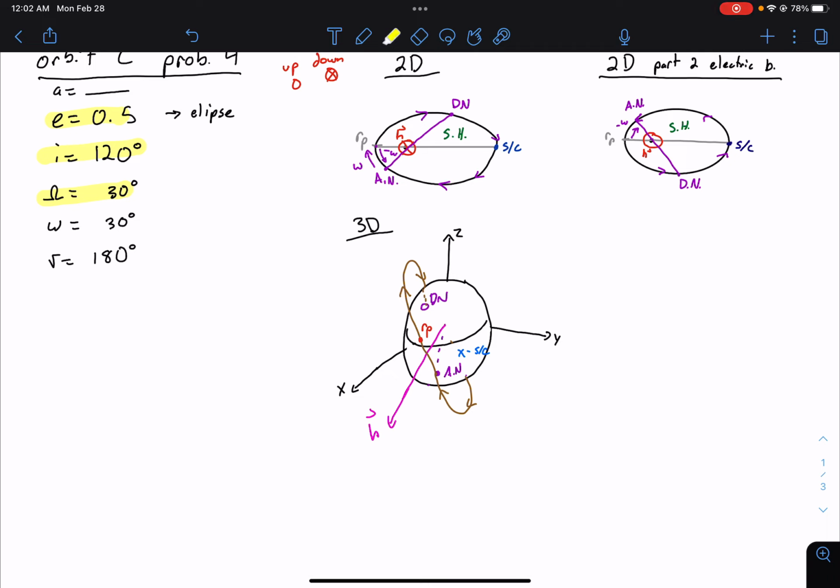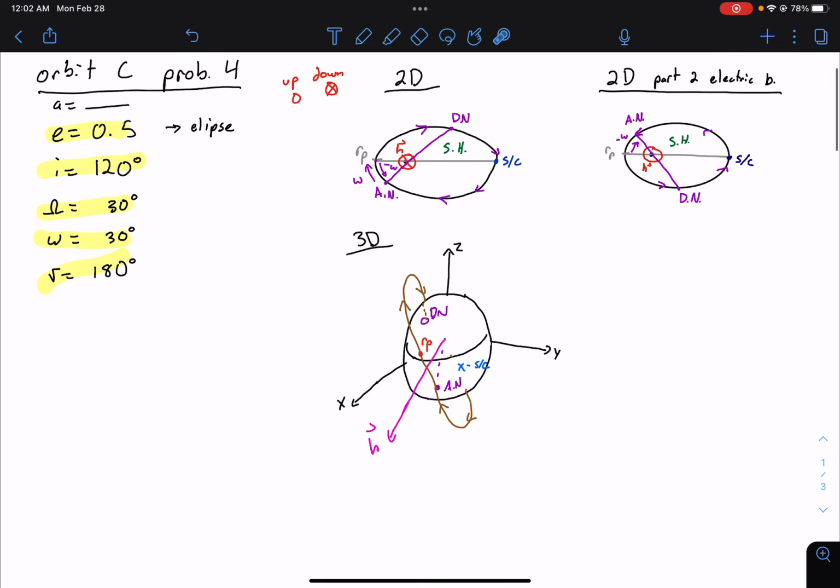We then used our small omega in both our 2D and 3D plots to define from periapsis to ascending node, or vice versa in this case. And then we used our true anomaly to look at our spacecraft location. All right, and again, this 2D plot is just showing our opposite angular momentum vector, looking at it from a different angle.